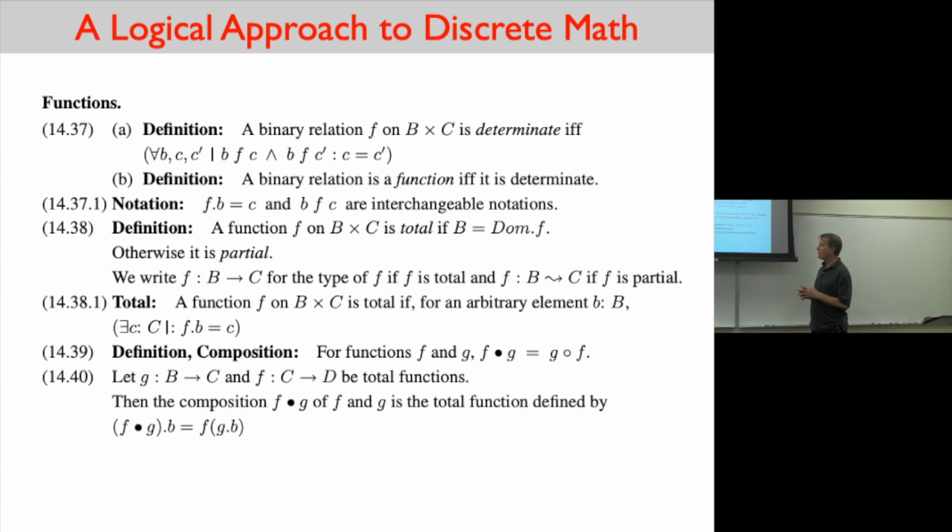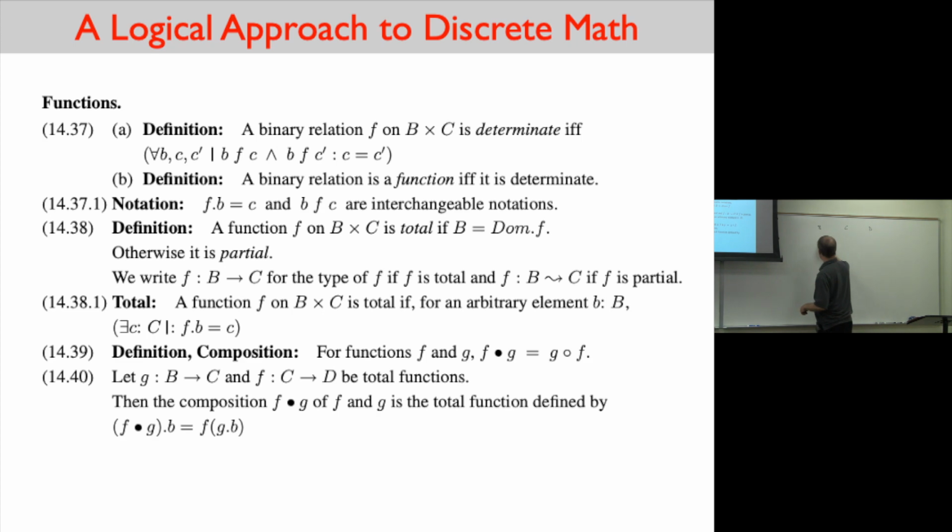But now 14.40 is a theorem. Now look at what 14.40 says. It says, let G be a function from B to C, and F be a function from C to D, and let both of them be total. Now, what does that mean? Let's do a little picture here. We have B, C, and D. So here's B, and here's C, and here's D, okay?